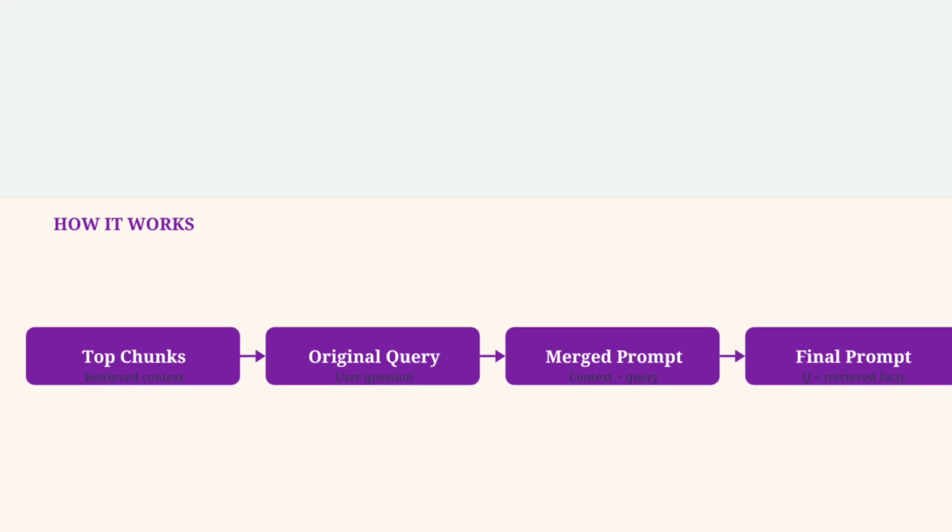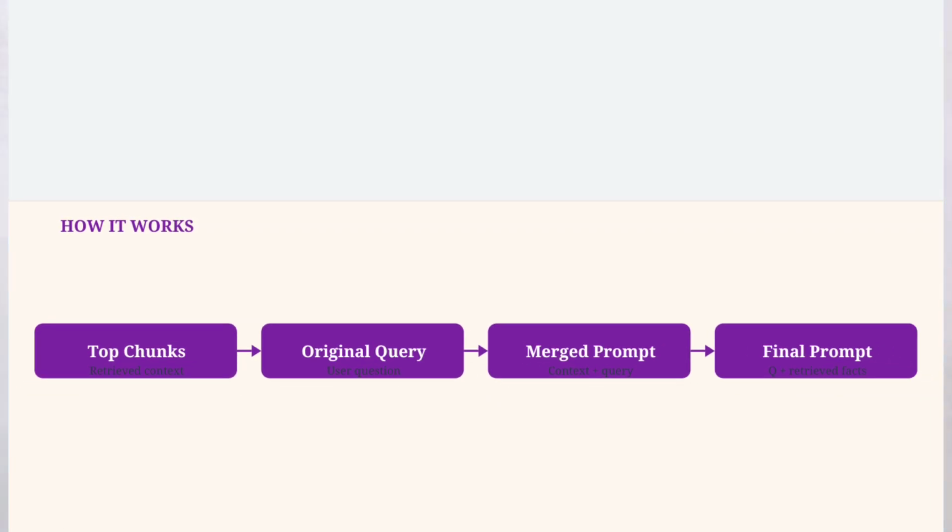Hallucination drops dramatically, accuracy goes up. Think about it in real estate. Instead of the AI guessing a property price from outdated training data, it is reading your actual current listings and market report before answering.